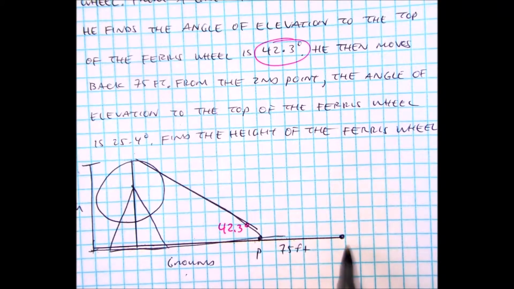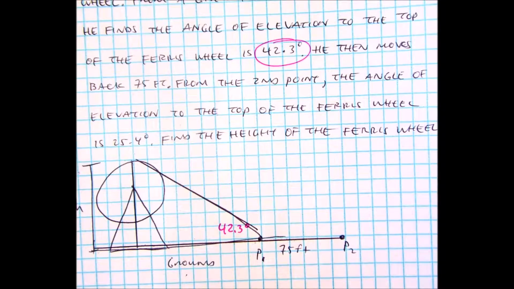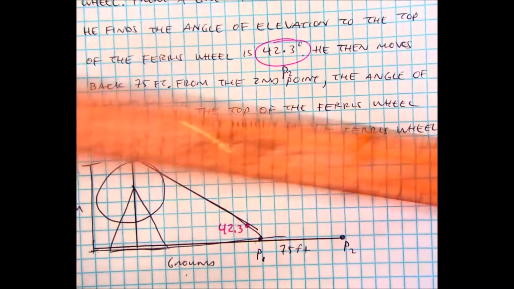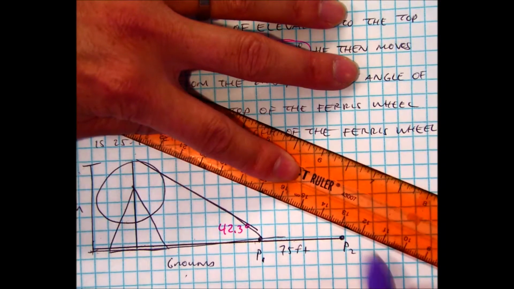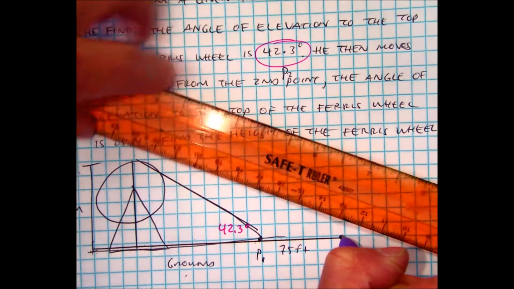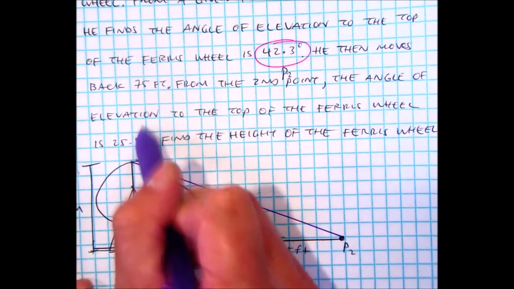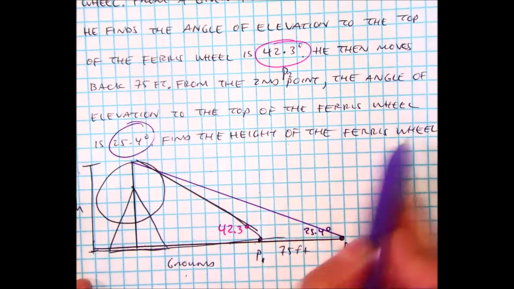So from point P, we'll call it P1 to P2, point 1 to point 2, from the second point, P2, the angle of elevation to the top of the Ferris wheel. So the same point up there is 25.4 degrees. Find the height of the Ferris wheel.